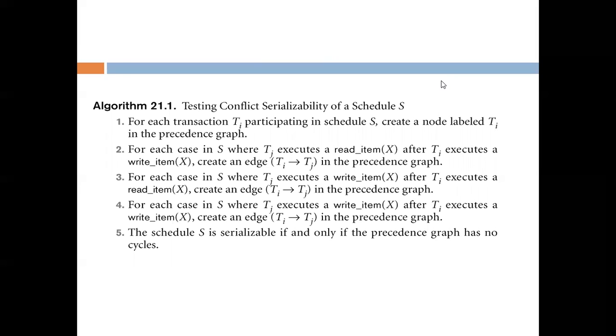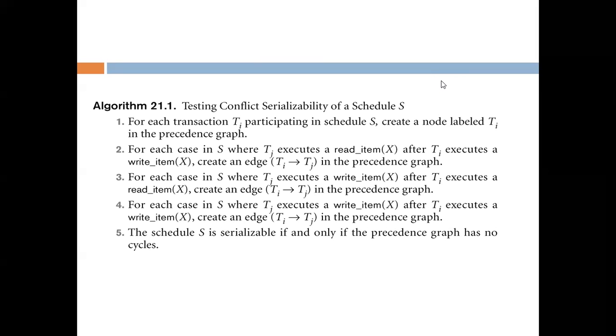Then for each case in a schedule where a transaction J executes a read X after Ti executes a write X, we will create an edge I to J. So if transaction I is writing and transaction J is reading the same variable X, then in the precedence graph we will draw an edge from I to J.